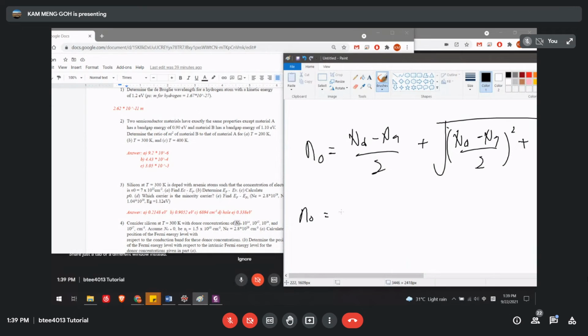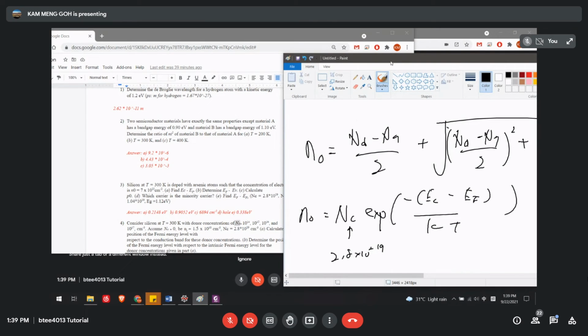Okay, so after this NO, you can use back the original formula, which will be equal to NC exponential minus (EC minus EF) over KT, where the NC will be equal to the constant 2 times 10 to the power 19. Okay, 19, not negative 19.